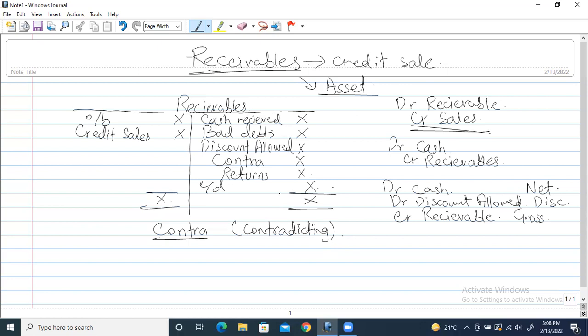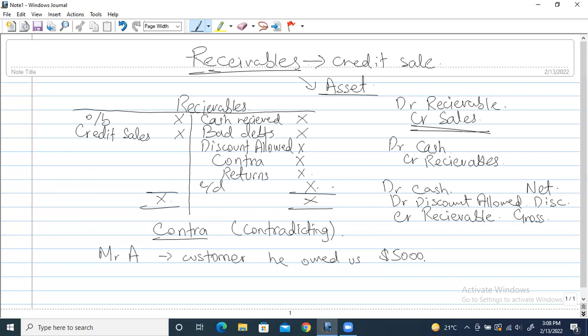Let me give you a small example. Let's say we had a customer, Mr. A, and he owed us $5,000, we had to receive from him. So obviously he was a receivable because he was the customer. At the same time, he may be running a business as well. He might be a seller as well.